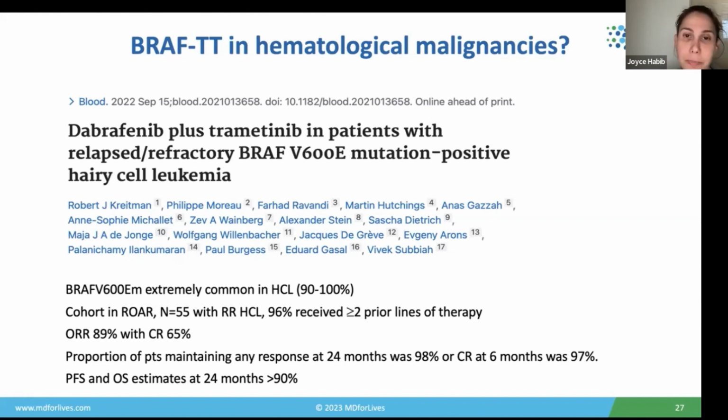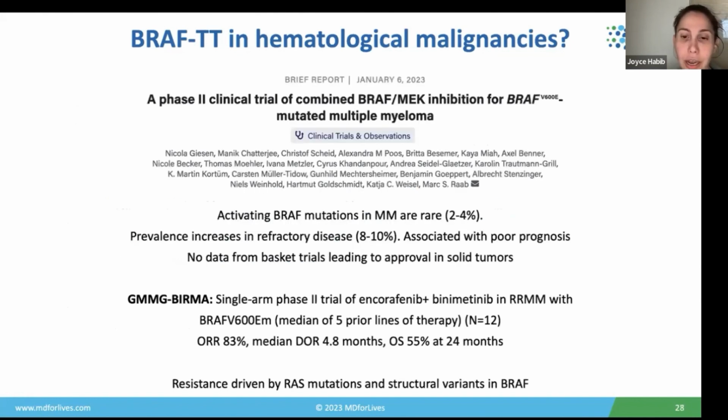The same cannot be said about the combination of encorafenib and binimetinib in relapsed refractory multiple myeloma. The prevalence of these alterations is less common in multiple myeloma, but tends to increase when you have relapsed refractory disease and is associated with poor prognosis. So in that BELRAMM study, where they looked at that combination in that setting, in patients harboring this mutation, we've seen a very high response rate.